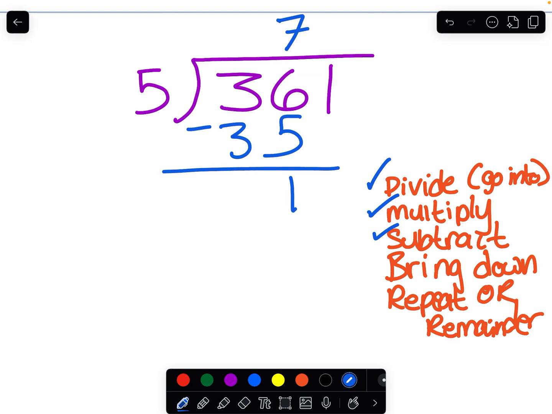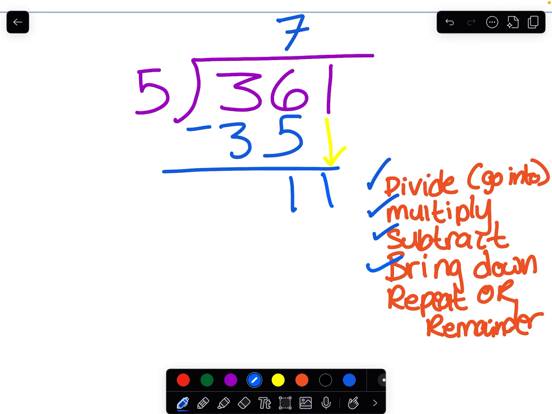So I did subtract. Now we have this interesting step called bring down. What am I bringing down? Well, I look to the number to the right of the number we just divided, which was 36, and I bring this number down. I bring down the 1, which gives me the number 11. Okay, so I did bring down, and now for this last step, it's repeat or remainder.